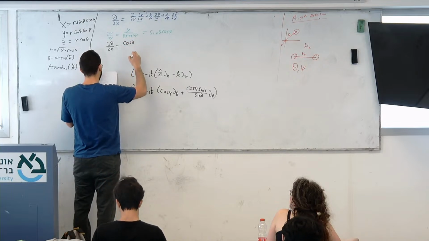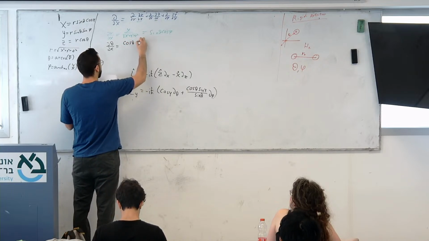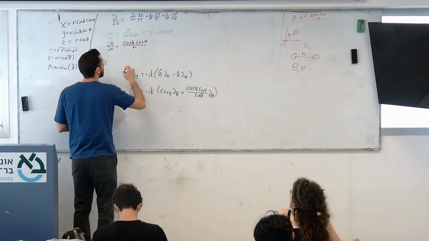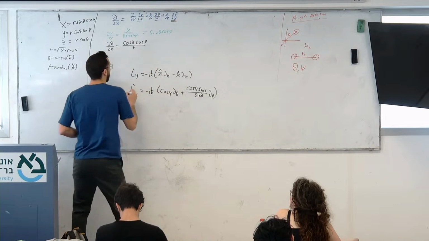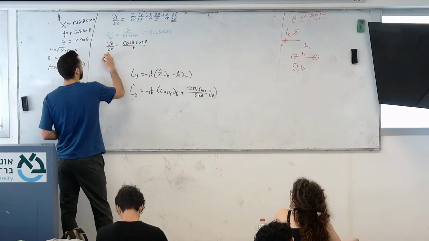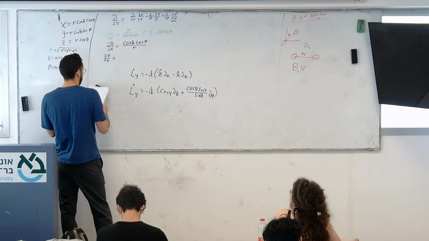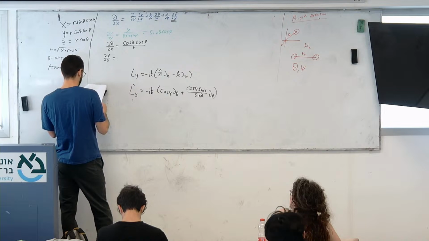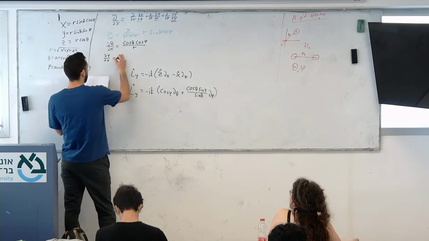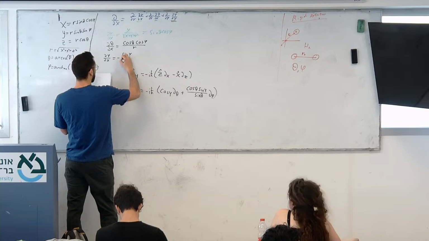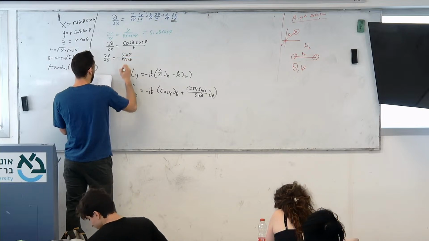You already have a lot of homework. Cosine theta cosine phi over r. Let's have the third one, d phi over d x, which is equal to minus sine phi over r sine theta.